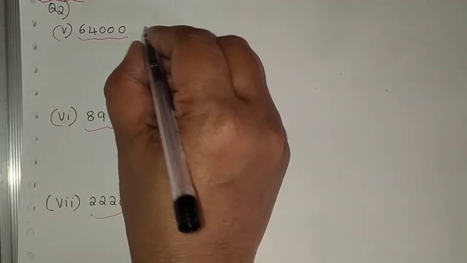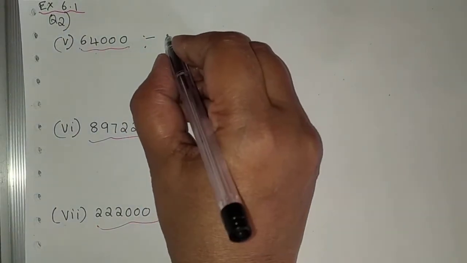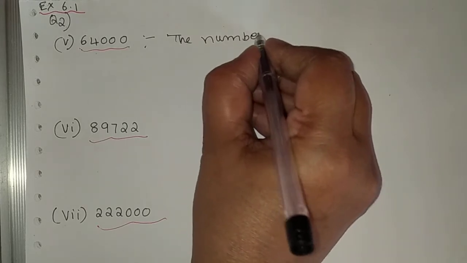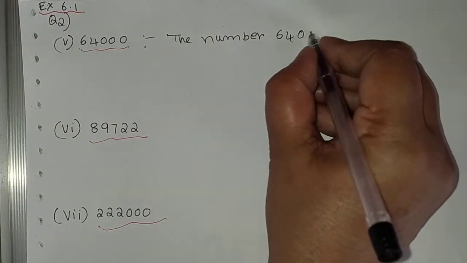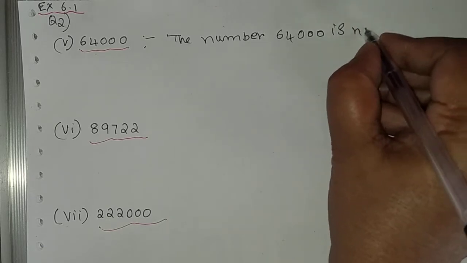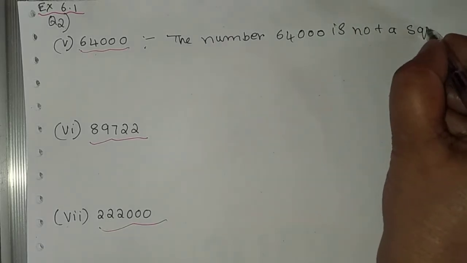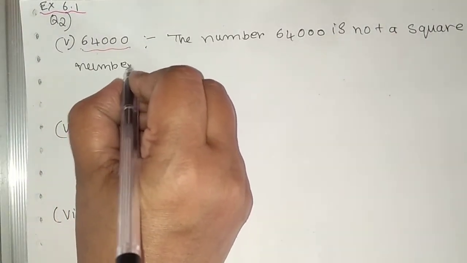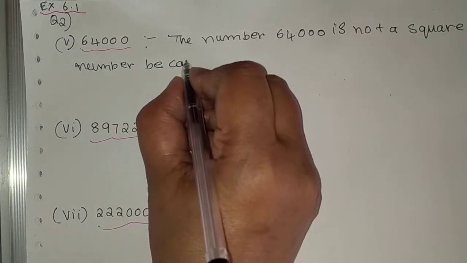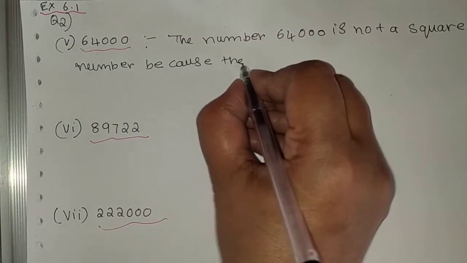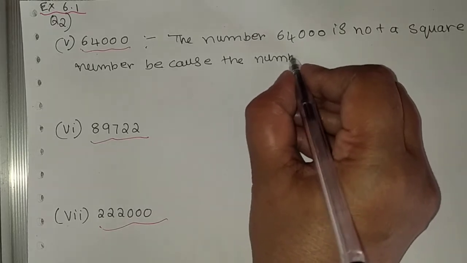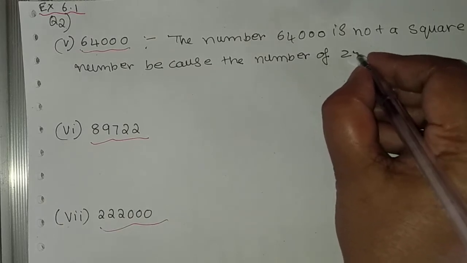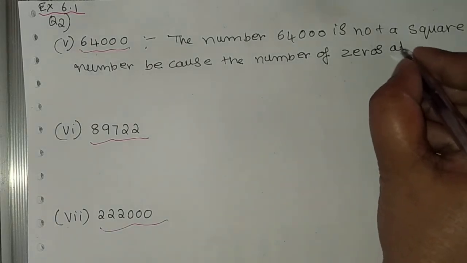So we write here the number 64000 is not a square number because here we should count the zeros also. Since the number ends with 0, we count the zeros.